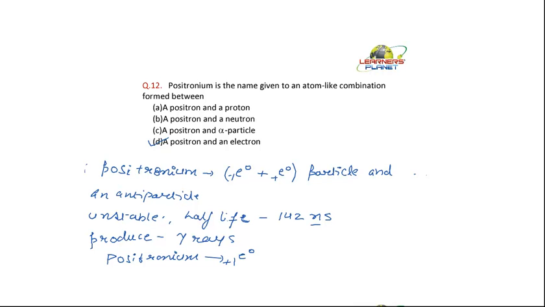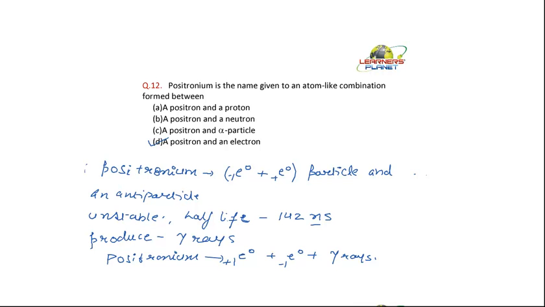It is producing a positron and an electron, and along with it, it is producing gamma rays or gamma photons, right? And the concentration is reducing to half in how many seconds? In 142 nanoseconds. I'll give you a few more points about positronium.